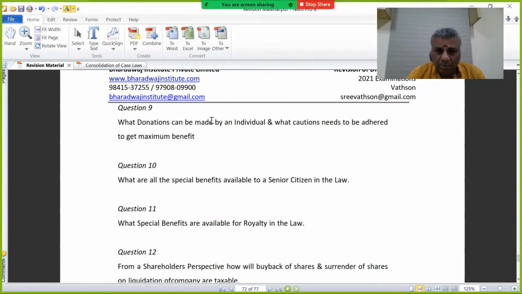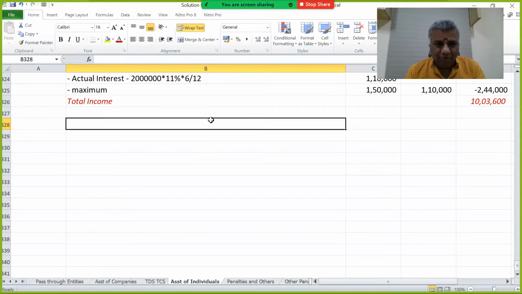Question number 9. What donation can be made by an individual? What cautions need to be adhered to get maximum benefit?